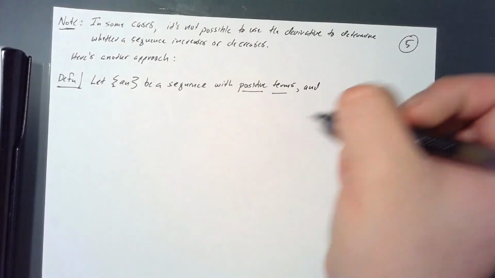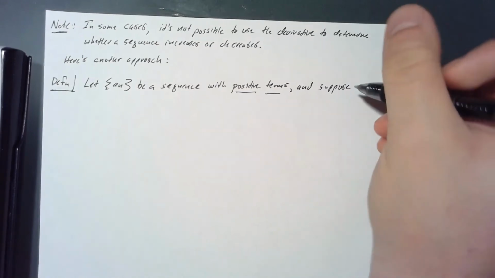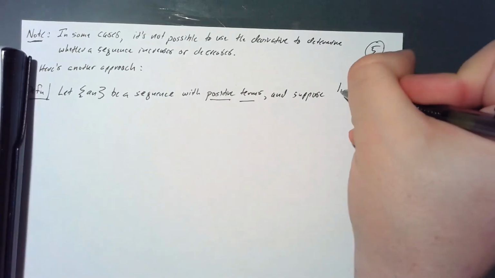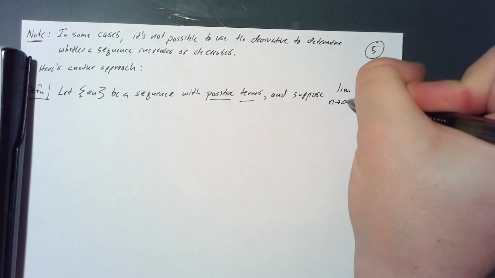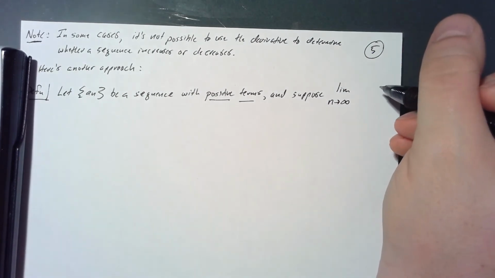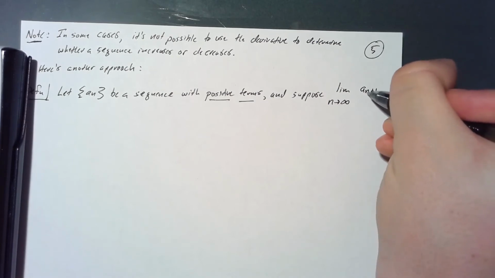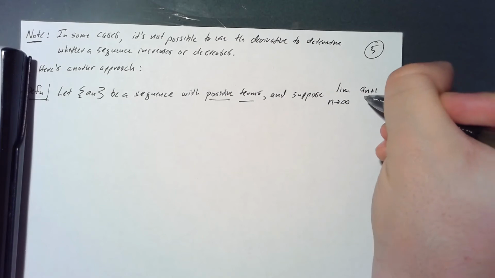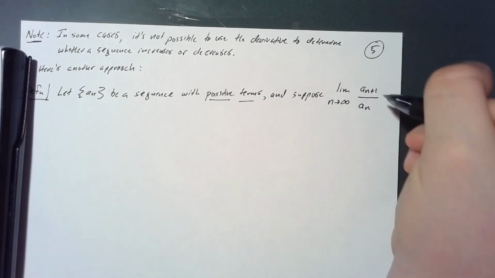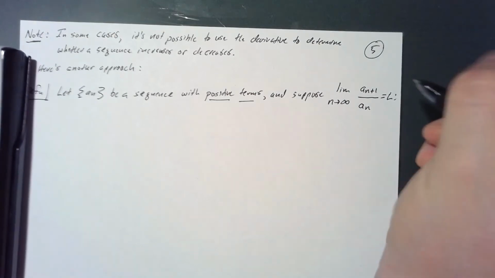It has to be a positive term sequence. And suppose the limit as n approaches infinity of, now don't get fooled by this notation, this is a sub n plus 1. The whole subscript is n plus 1 all over a sub n equals L. So what does this mean?